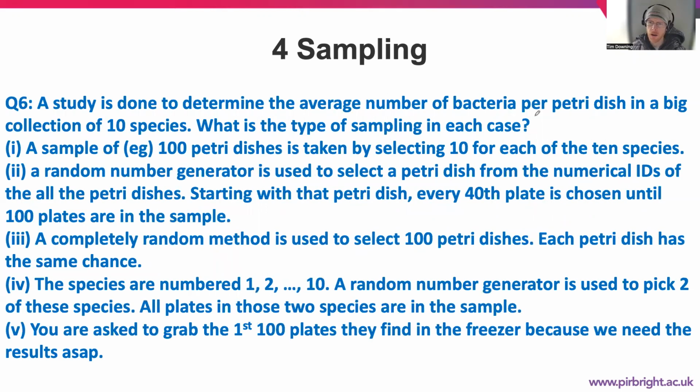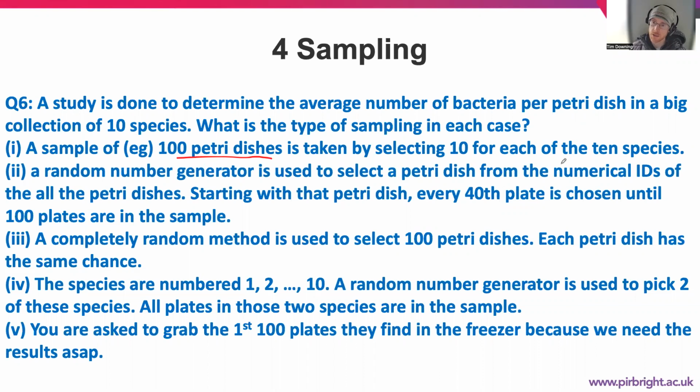We can look at question 6 as well. So looking at numbers of bacteria per petri dish in a large collection of bacterial species, what type of sampling is done in each case? So if we take a sample of 100 petri dishes by selecting 10 for each of the 10 species, that's a kind of a stratified form of sampling because we're sampling each of the 10 species.